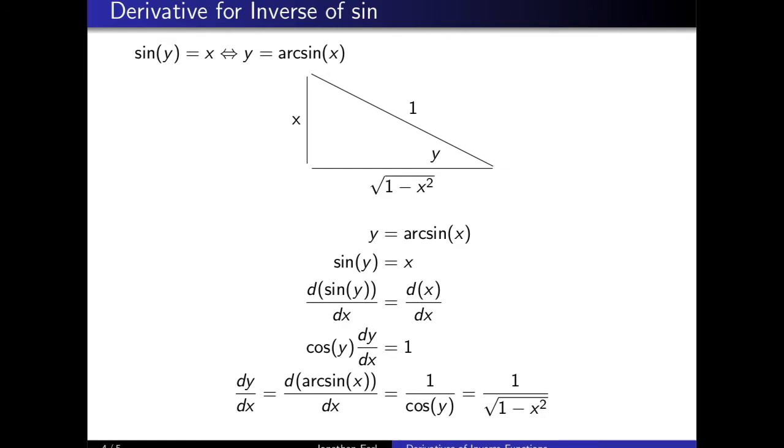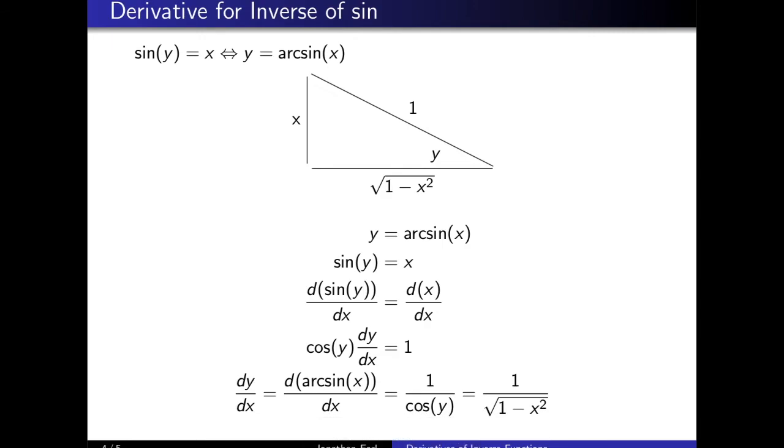On the right-hand side, we just get 1, and on the left-hand side, from implicit differentiation, we get cosine of y times dy/dx. Then isolating for dy/dx, we get 1 over cosine of y. From the triangle, cosine of y is the adjacent divided by the hypotenuse, so we get 1 over the square root of 1 minus x squared.